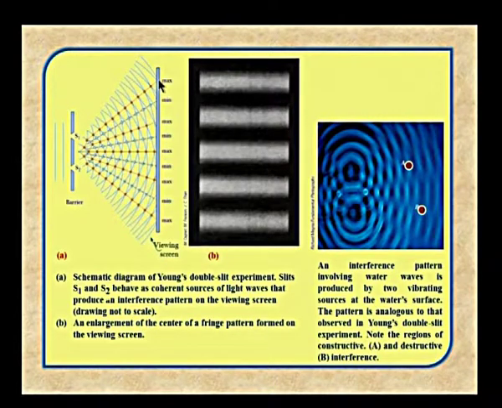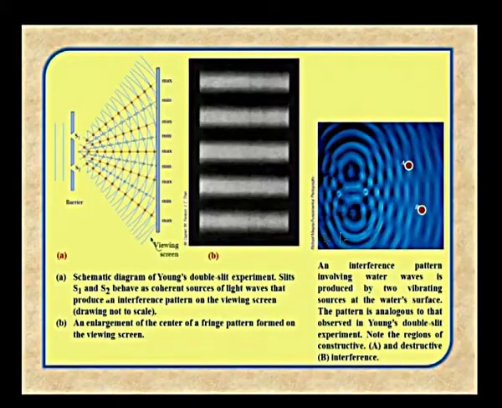The maximum intensity will give rise to a bright fringe. The minimum intensity will give rise to a dark fringe, and another maximum intensity will give a bright fringe. So, you get a set of bright line, dark line, bright line, dark line, alternately bright and dark lines, and this you call the interference pattern. Now, we have to pass on to interference patterns obtained by different methods.